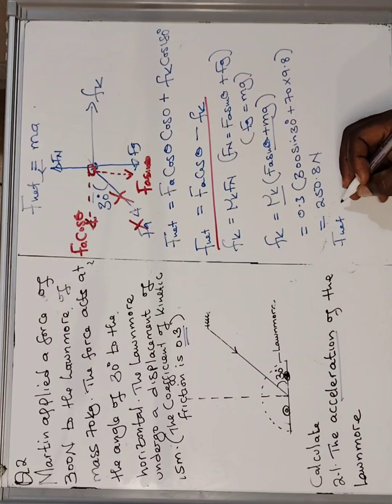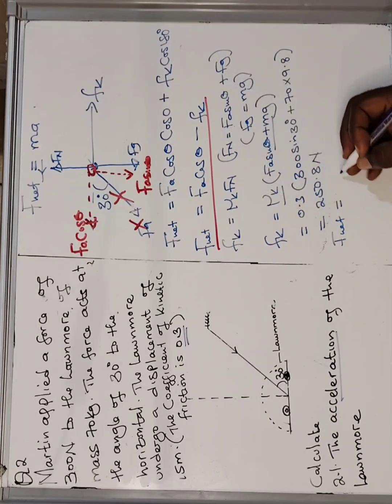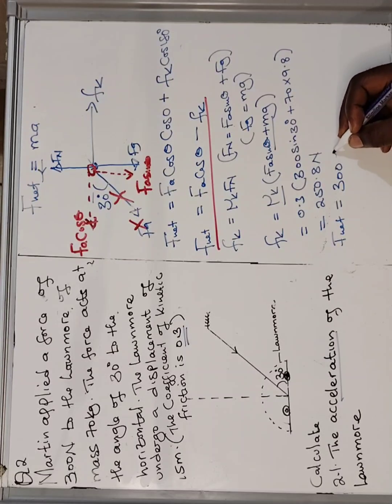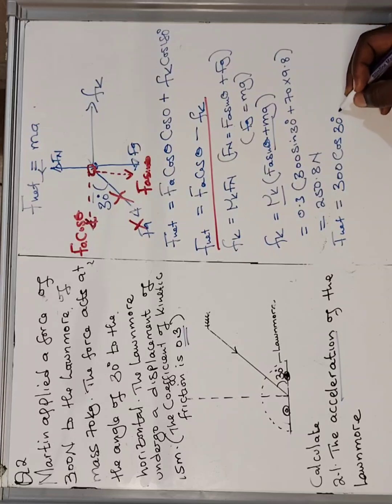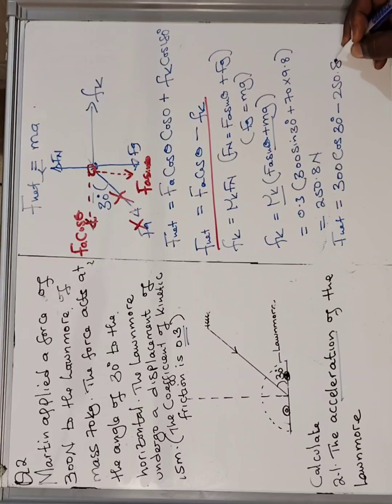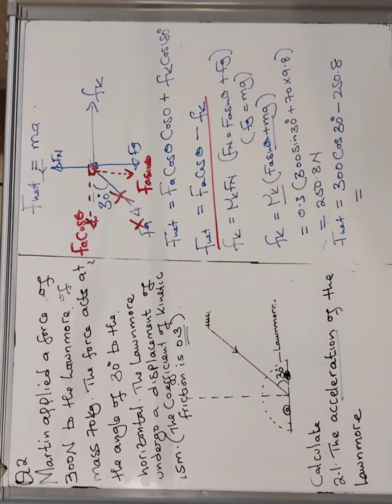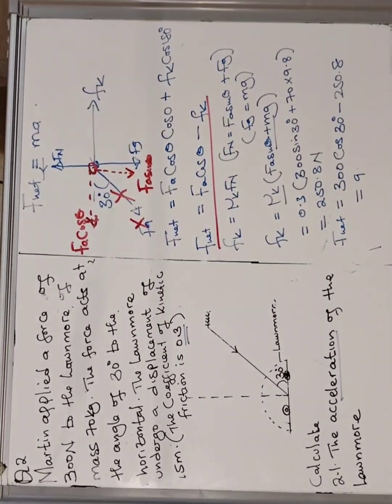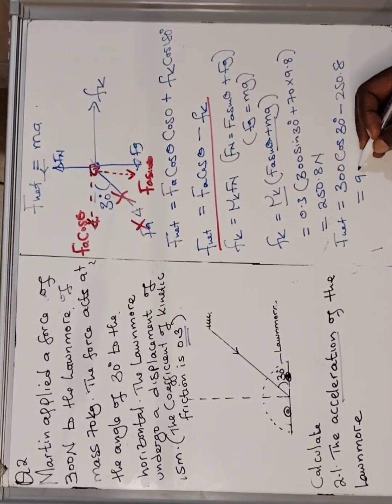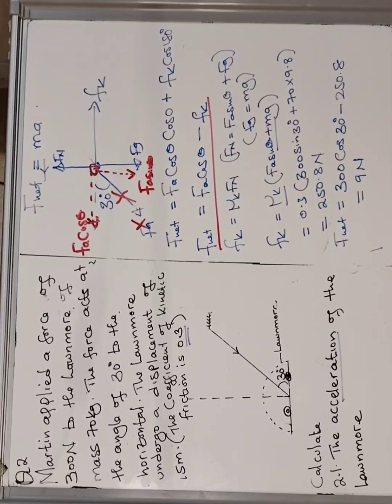Fnet is equal to Fa, which is 300 cos 30 degrees minus Fk, which is 250.8. What is the answer here for Fnet? Let's find out. So now we have our Fnet as 9 newtons.